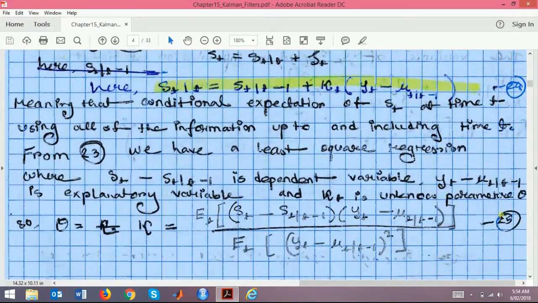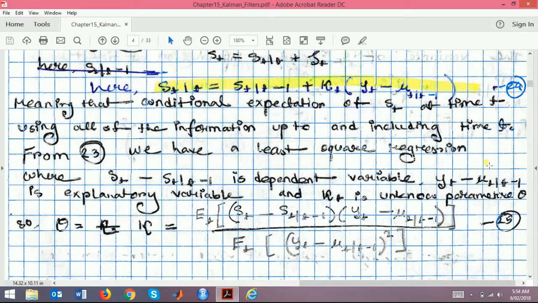We can simply find the parameter kappa with regular estimation technique, which is simply the covariance of s1 minus s1 0 multiplied by y1 minus mu1 0, divided by the variance of y1 minus mu1 0 squared.